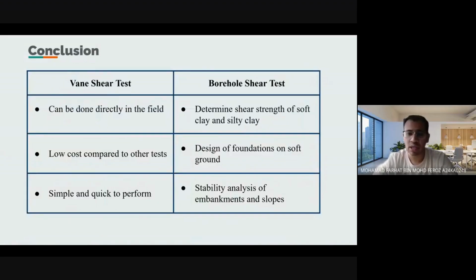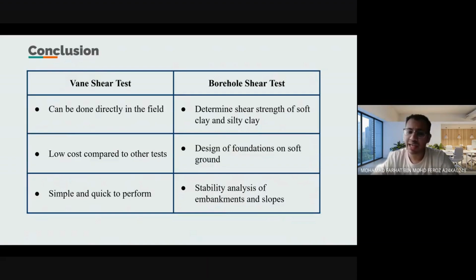In conclusion, here are some of the benefits of using both tests. The vane shear test is favored for being low cost, simple, and quick to perform directly in the field for soft clays, while the borehole shear test can determine the shear strength of soil such as clay and silty clay. It is usually designed for foundations on soft ground.